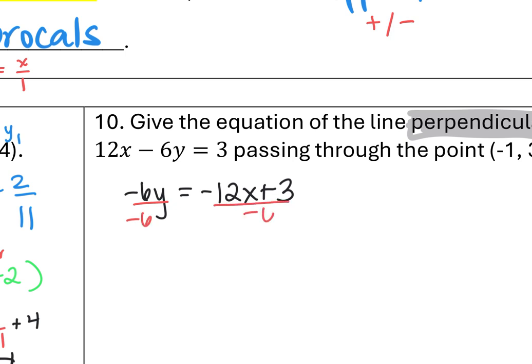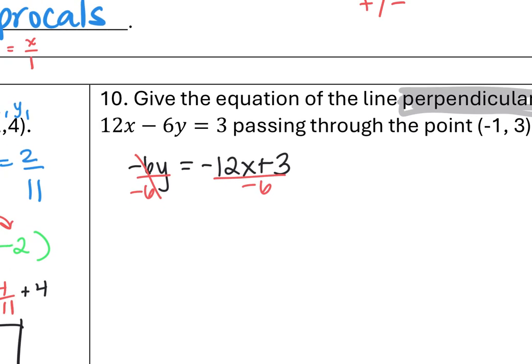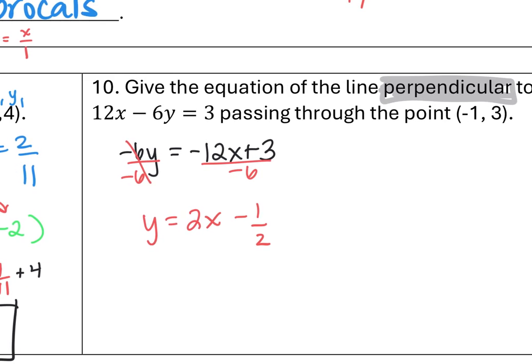Divide by the negative 6. Negative 12 divided by negative 6 is going to give me a positive 2x. And then 3 divided by negative 6 gives me negative 1/2. But again, we're not really concerned with the y-intercept. We just need that slope.